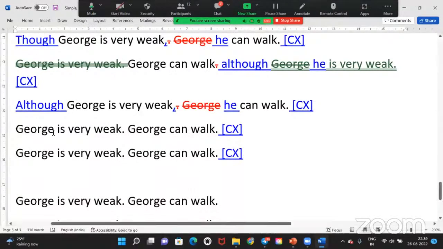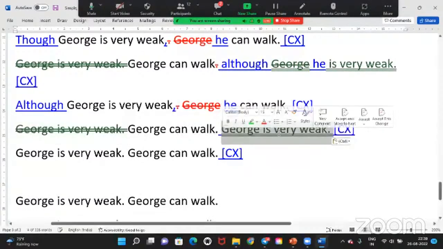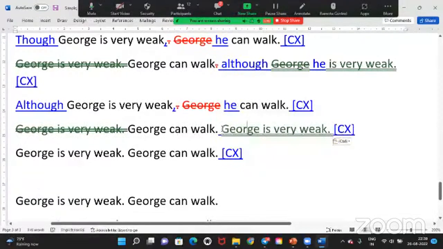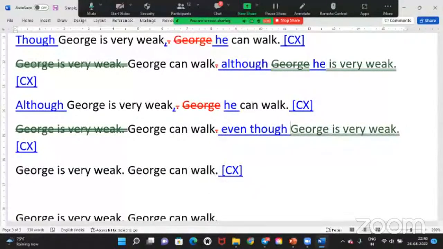We are going to use another style. So here again we are taking this one forward. Actual original sentence will be like this only. This is the original style. George can walk. Remove full stop. And here you say even though. And remove George. And say he is very weak.